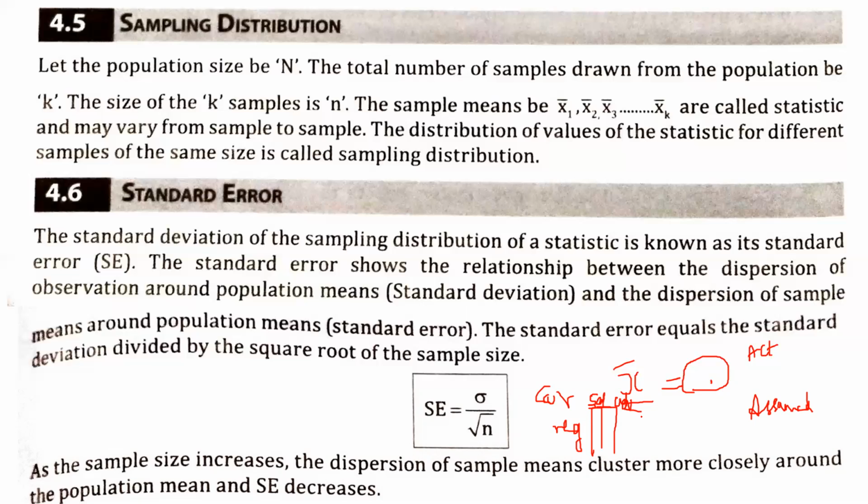But in this chapter, that is sampling and sampling distribution, the X bar, or different types of X bars, that is means, will be given to us. We have to find out this data. We are doing the reverse situation. So this is the basic understanding that you will have to have.